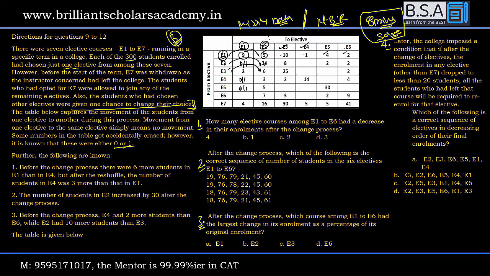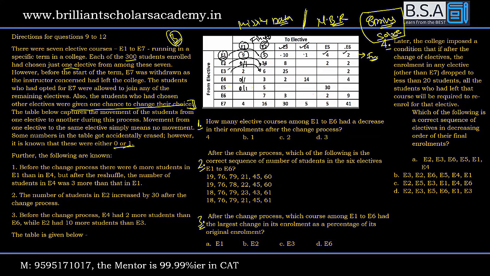So if you look vertically, you are going to get the final number of students who are there in the elective. If you look horizontally, you will get the initial number of people who are there in the particular subject. Listen to the language.